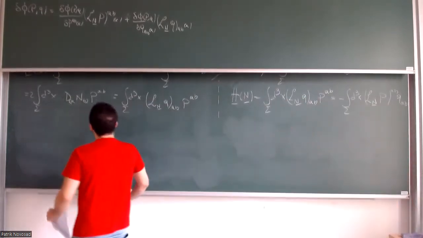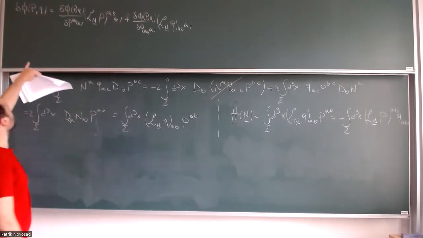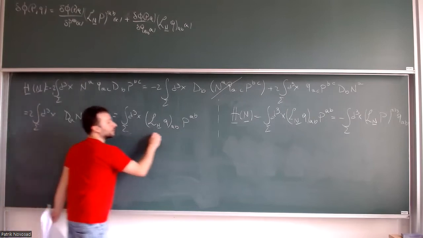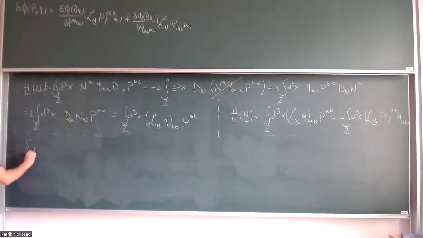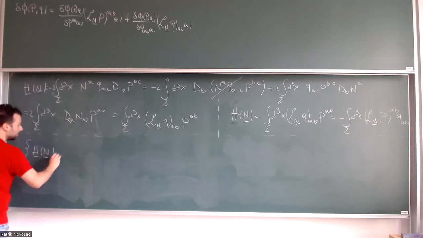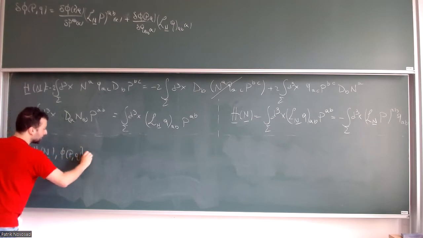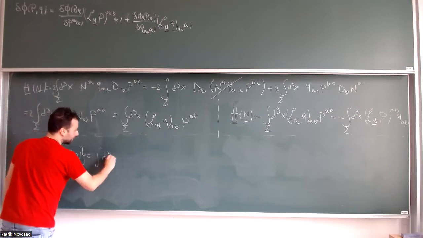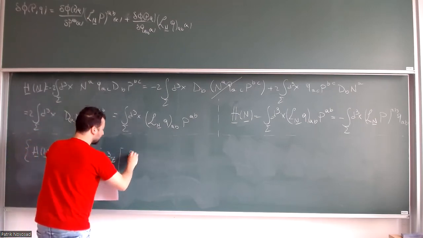Okay, once we have this, and we have also the variation of the phi, then we can compute here, and this is just the result of sigma of the variation.